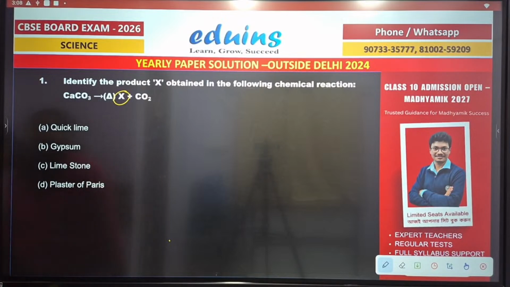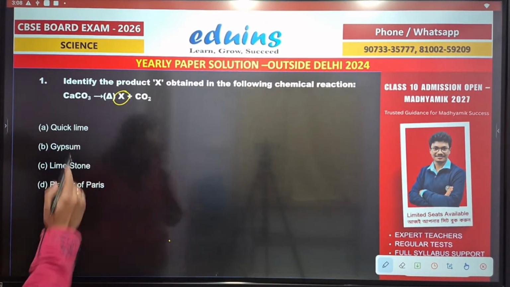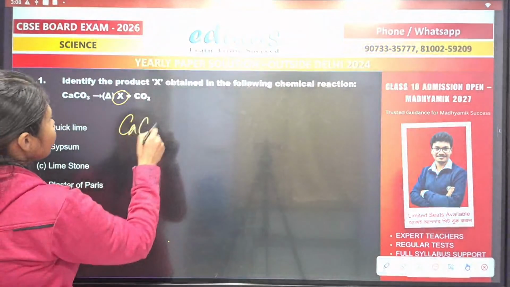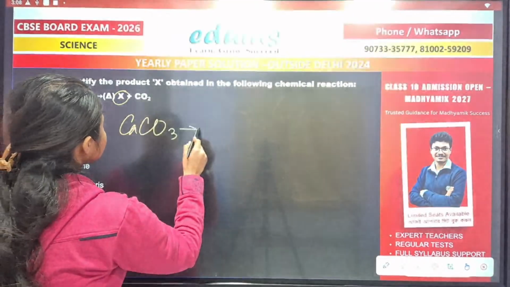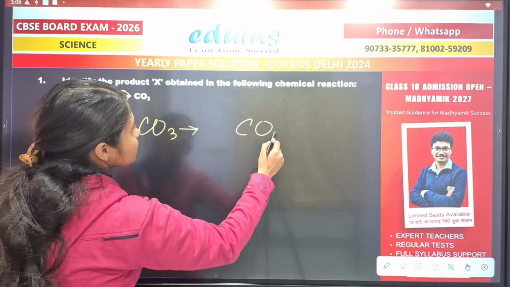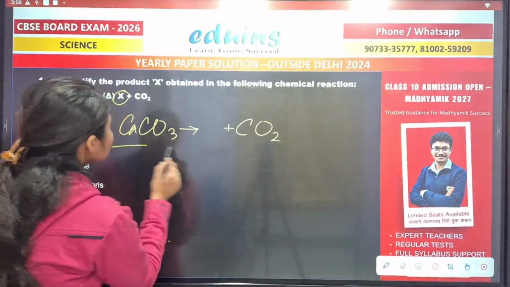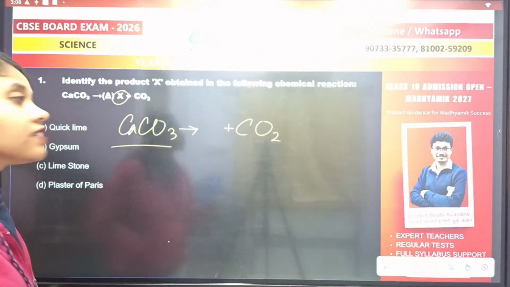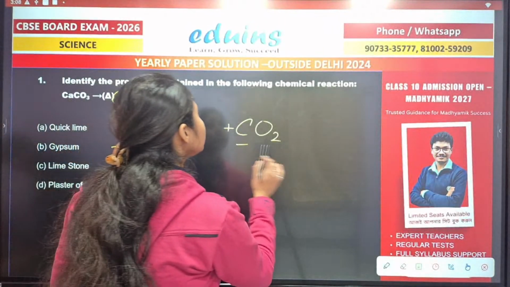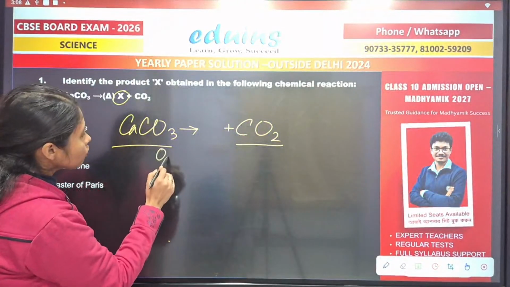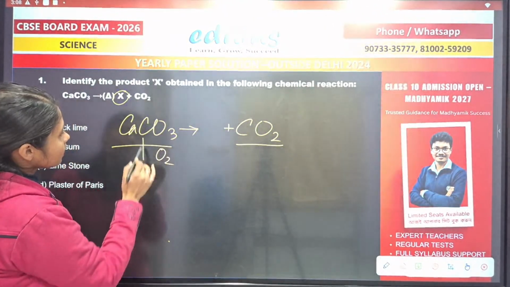Quicklime, gypsum, limestone, plaster of Paris. At first, we have to write the equation. They produced CO2, that means C and O2 are removed.